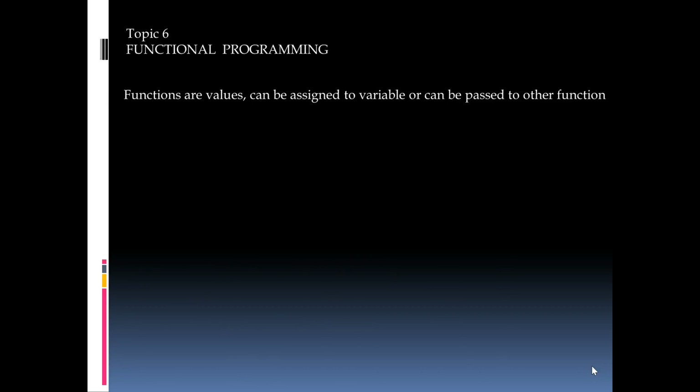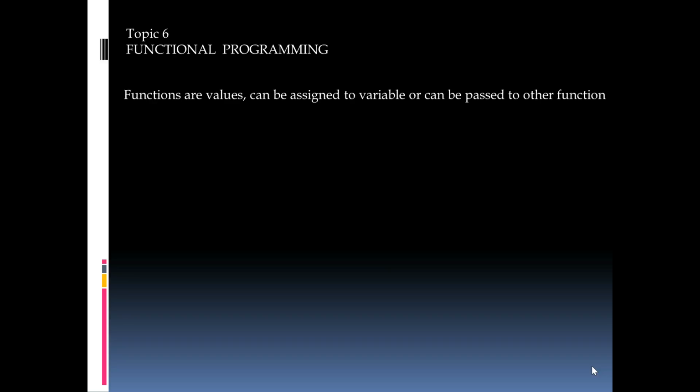Let's define functions first. Functions are values which can be assigned to a variable or can be passed to other functions. In our previous topic, we already discussed functions which we used for loop and switch case examples.